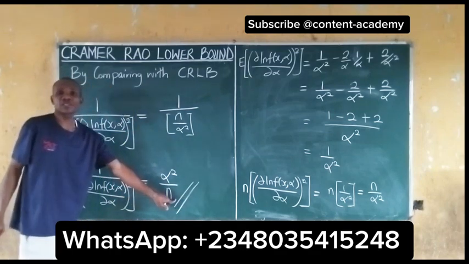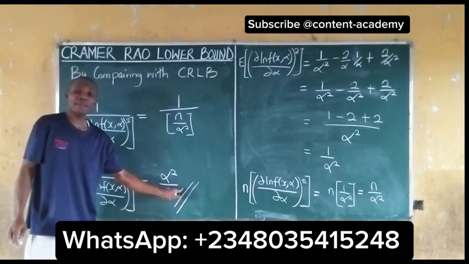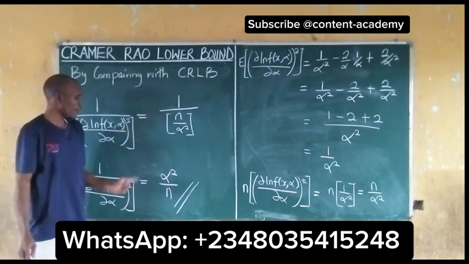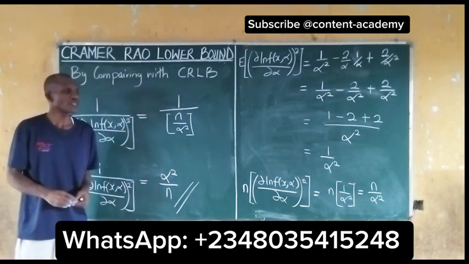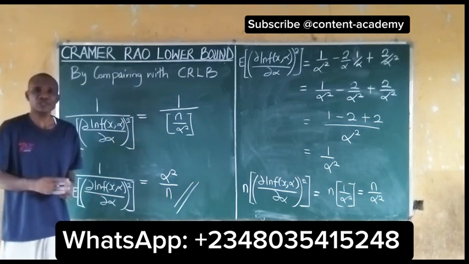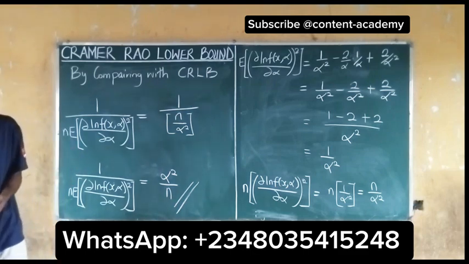So this becomes our Cramér-Rao lower bound for the exponential distribution with parameter alpha given. So this is how we can obtain the Cramér-Rao lower bound inequality for the exponential distribution.